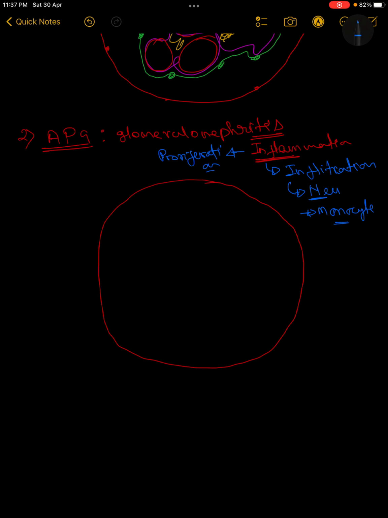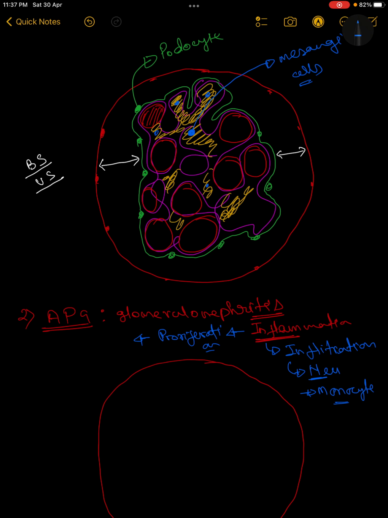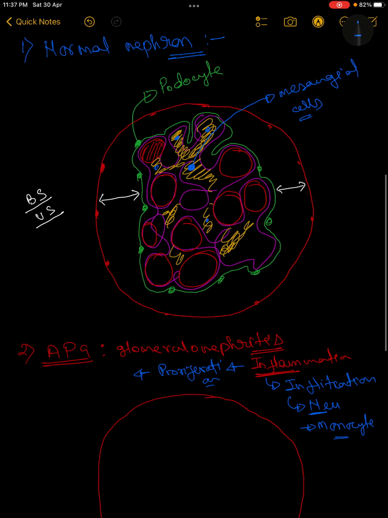We will discuss how this goes. Now proliferation. Proliferation of what? Proliferation of those cells which are already present in our glomerulus. So what are those cells?